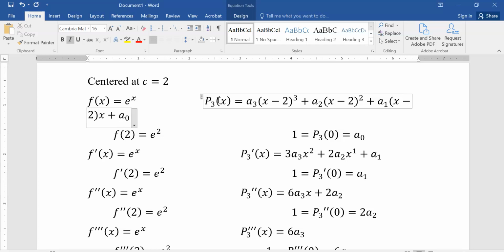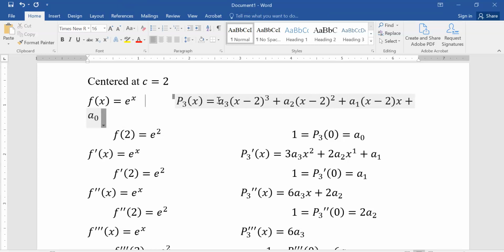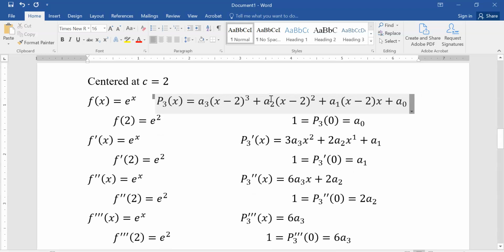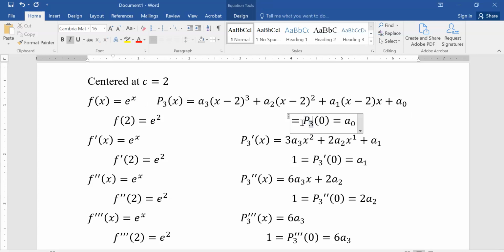I think I'm running out of room, so I might copy that and paste it at a slightly different spot. By the way, the obvious advantage of this is that when you plug in 2 into this polynomial, this piece here goes to 0, this piece here goes to 0, this piece here goes to 0. Whoops, I forgot to take that off. And the only thing you have left is a sub 0. So if you plug in 2, a sub 0 has to be e squared.